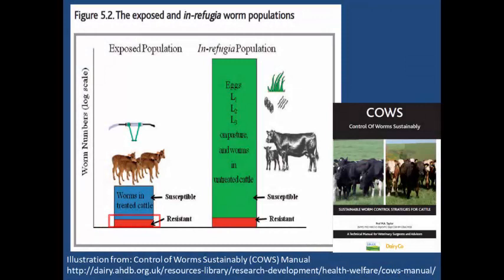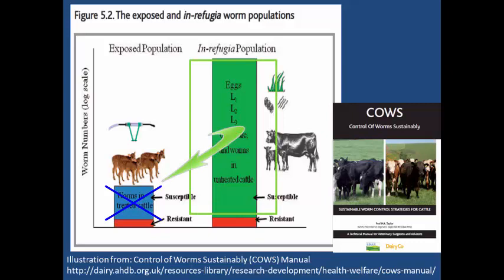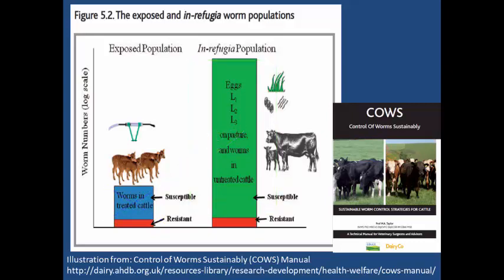And at first, we will kill most of the parasites with the drug, and the next generation that will infest the animal, which is represented here with a green color, will also be susceptible to the same drug. So we will still maintain efficacy.